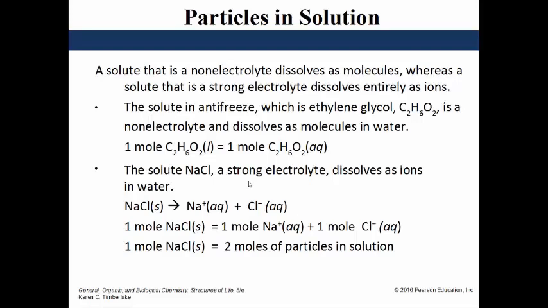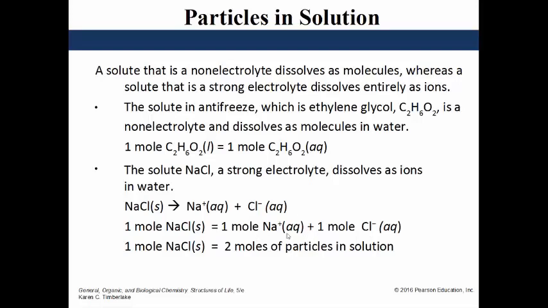An example of a strong electrolyte that we've talked about previously is sodium chloride, NaCl. When that's in water, it will completely dissociate. So you have the sodium ions, which are positively charged, and you have the chloride ions, which are negatively charged. So this breaks up completely compared to ethylene glycol, which doesn't break up at all. When you're comparing the number of moles in that solution as it breaks up, 1 mole of sodium chloride will break up into 1 mole of sodium ion and also 1 mole of chloride ion.